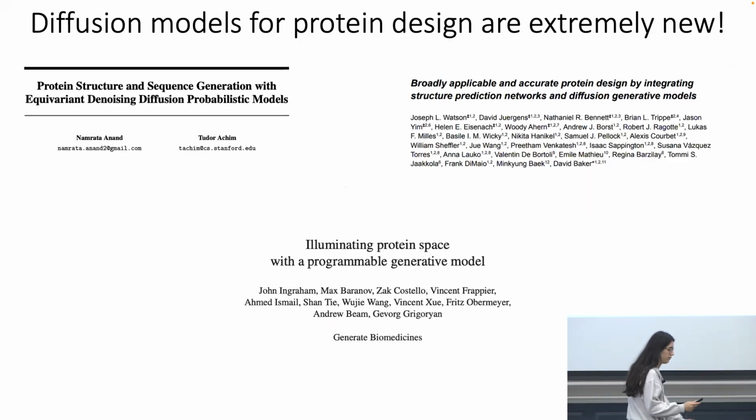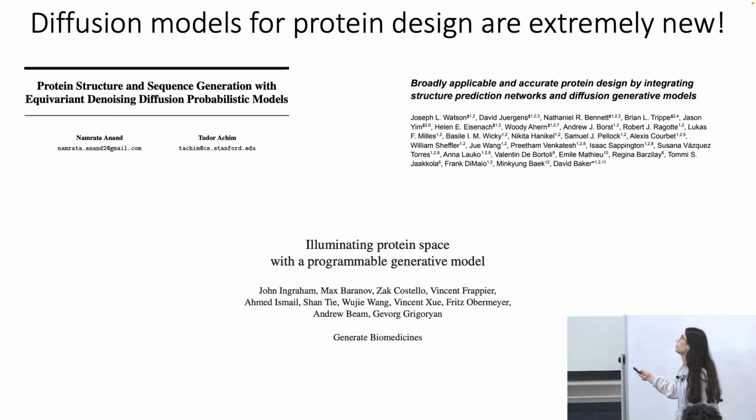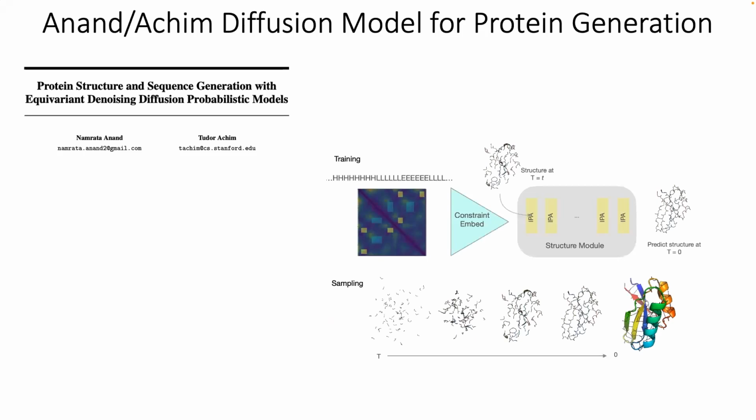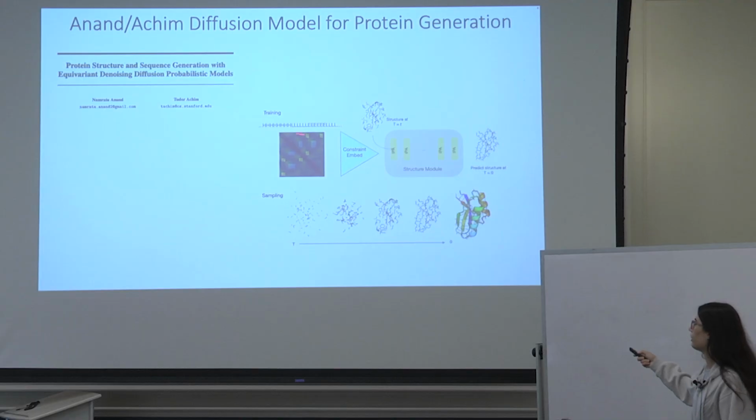Okay, so the first paper, titled Protein Structure and Sequence Generation with Equivariant Denoising Diffusion Probabilistic Models, let's get started. In this model, they generate both the protein structure and the sequence based on a diffusion process. In the training, if we just pay attention to the layers here, just like AlphaFold, they have a structure module that is IPA based.